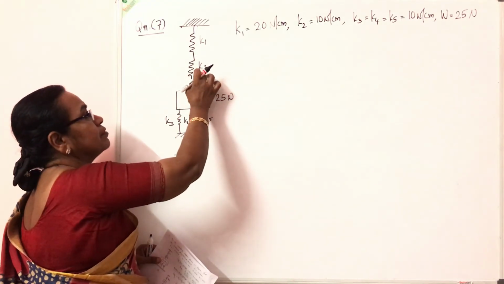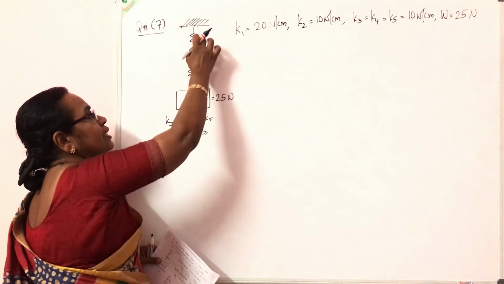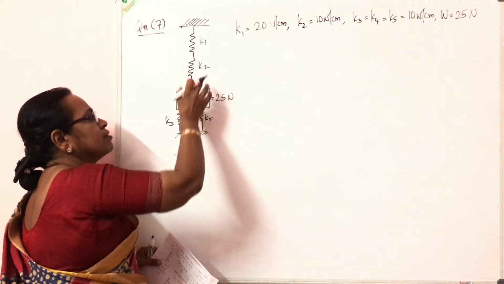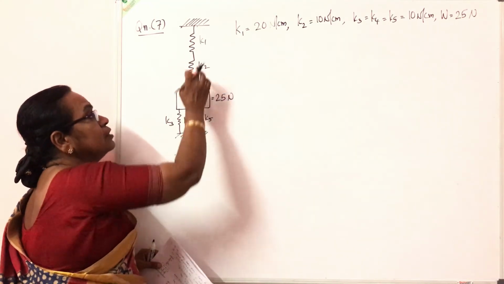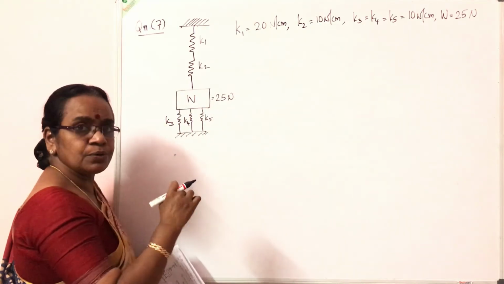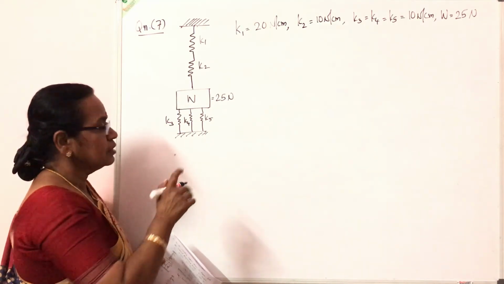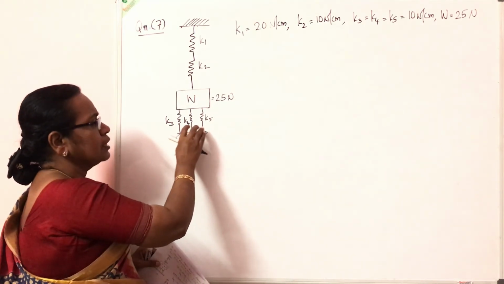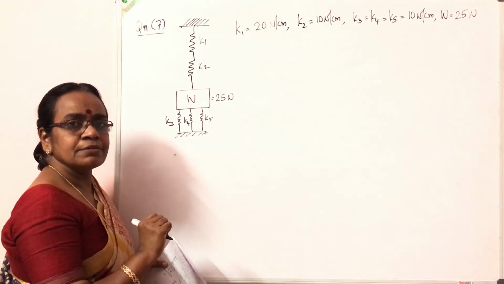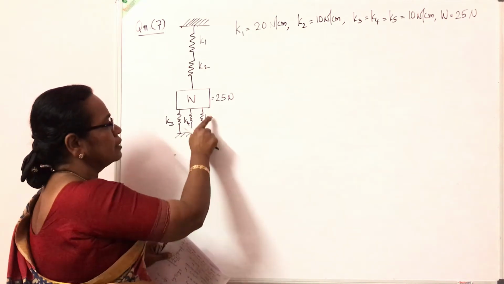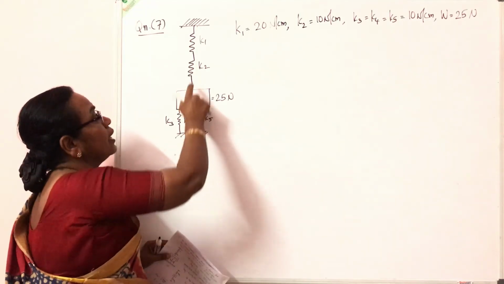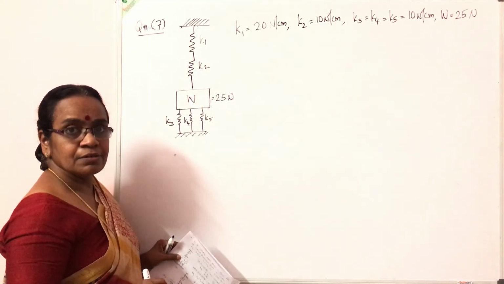These two springs K1 and K2 are arranged in series because as this mass undergoes displacement, these two springs will undergo different amounts of displacement, but all these three springs K3, K4, K5 will undergo the same amount of displacement. So these three are in parallel connection and these two are in series connection.